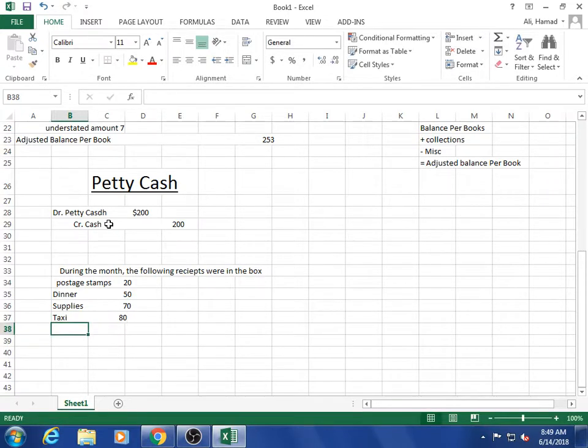Let's make it $50. So now how much do we have? 50 and 50, 100, 190. Unless there was also cash that hasn't been spent. Okay, cash for $10.